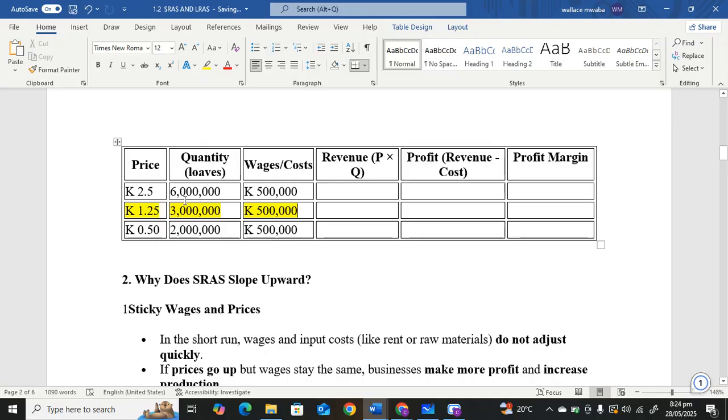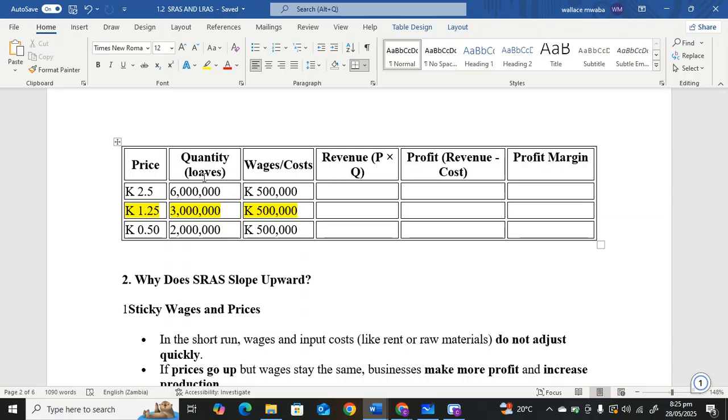When the price level goes up and the businesses can sell the goods for a higher price, they can increase the output. As you see, from 1.25, the price has gone up to 2.5 kwacha. And this business produces more. And we're going to see what happens to the revenue and the profit margin. So for this business, let's say when we saw this point when the price was at 1.25, they're producing 3 million units.